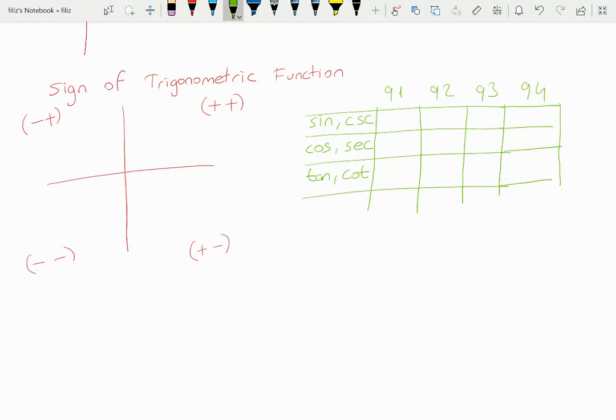We learned from the unit circle that in the first quadrant sine is positive, right? Remember, these are sine, these are cosine.